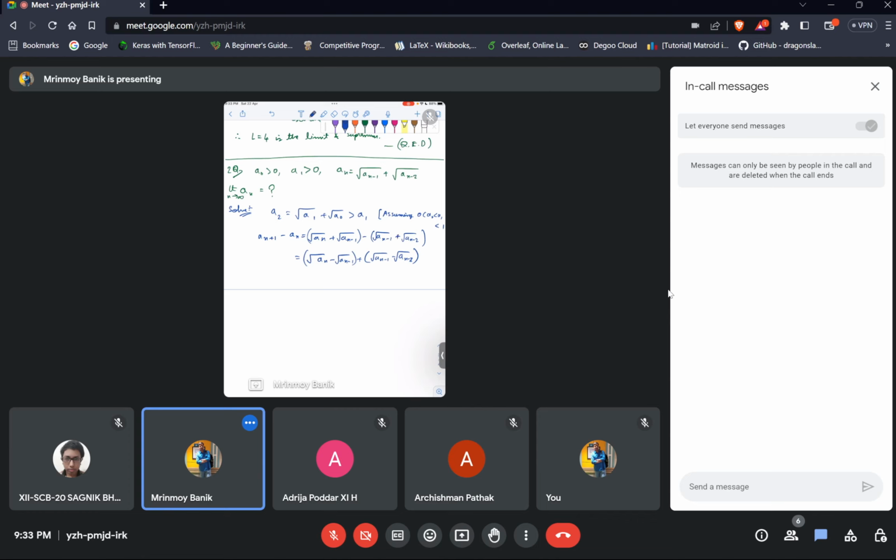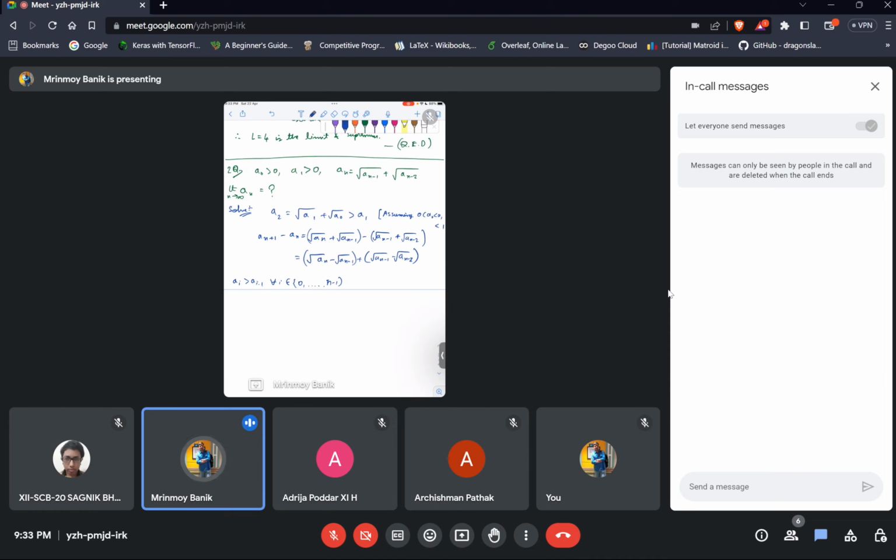Yeah, so it's just plus before. So from induction, we have assumed AI is greater than AI minus 1 for all I inside 0 to n minus 1.